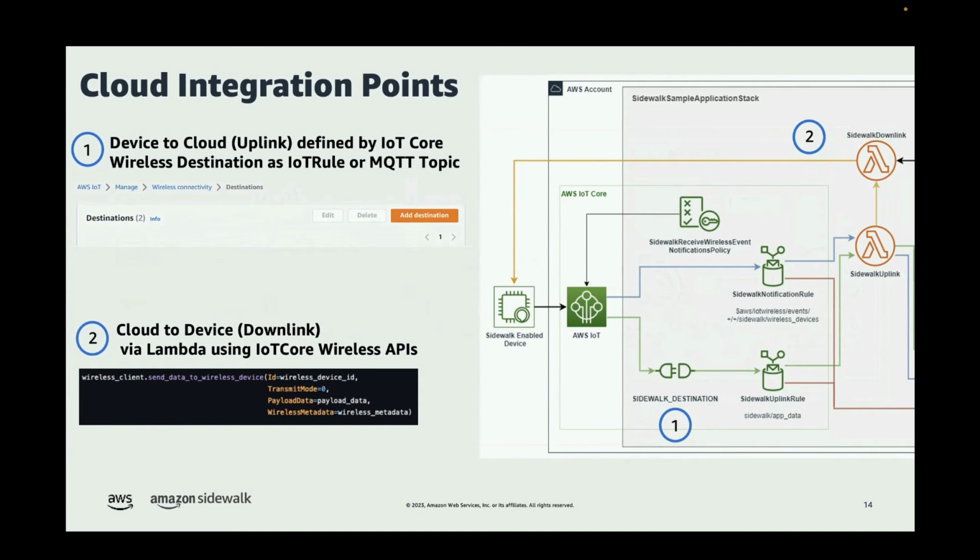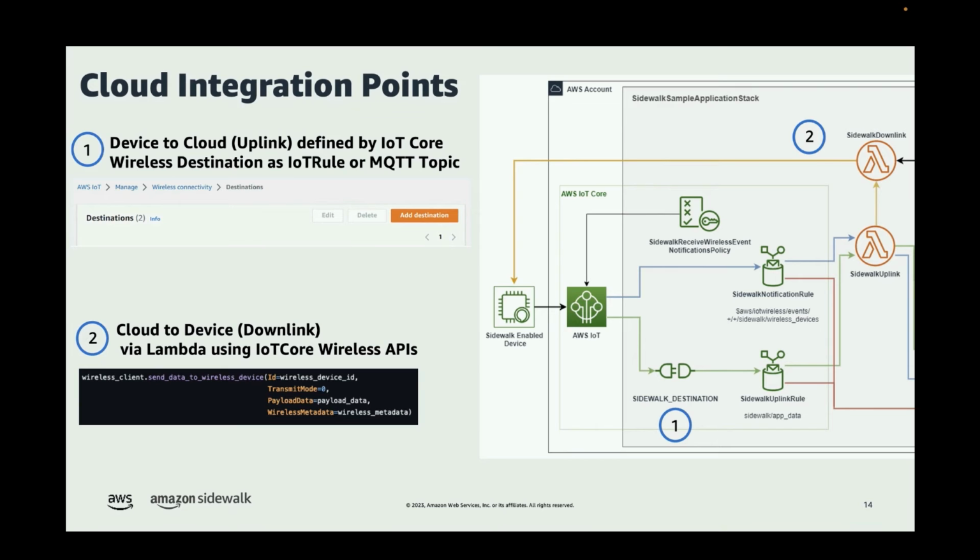One is this concept of a destination, which is really the routing specification for a device or group of devices. With that destination, you simply point it to an IoT rule or an MQTT topic where it will publish to a topic on the broker. And that provides the means to know where all your uplink messages are going to land in your account.